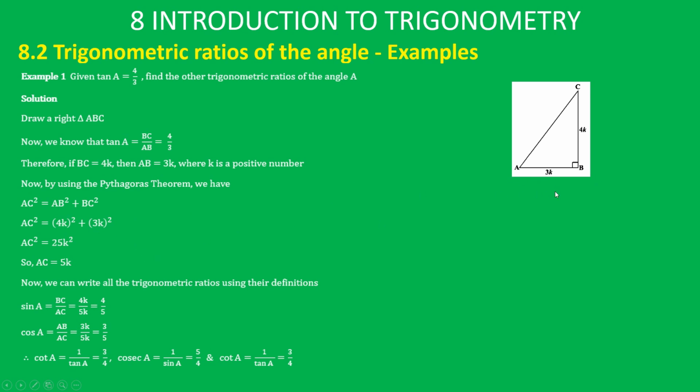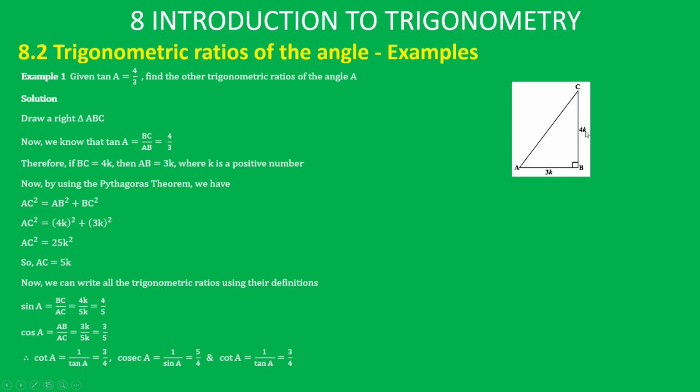Now, what is the Pythagoras theorem? AC square is equal to AB square plus BC square. What is AB? 3K. Here K is a positive number, remember. If BC is equal to 4K and AB is equal to 3K, where K is a positive number, you can put any number.